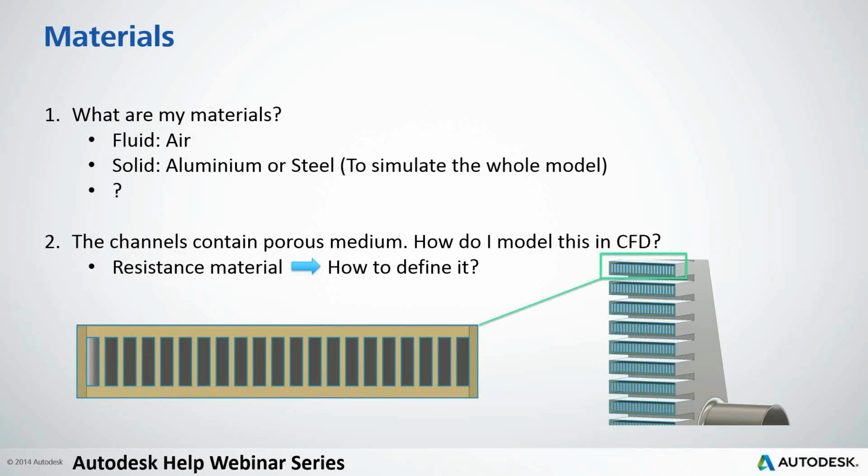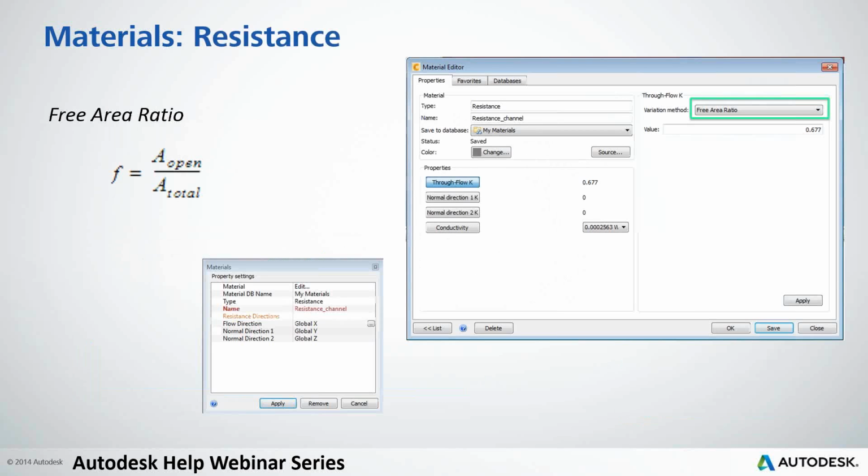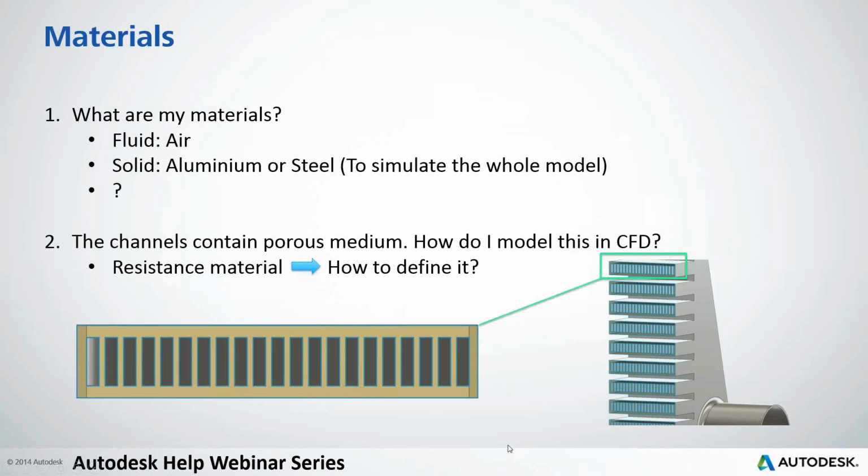So maybe you're asking how to define it exactly according to this geometry. Todd, can you go to the previous slide? Oh, did I skip ahead? Sorry, I was ahead of you.